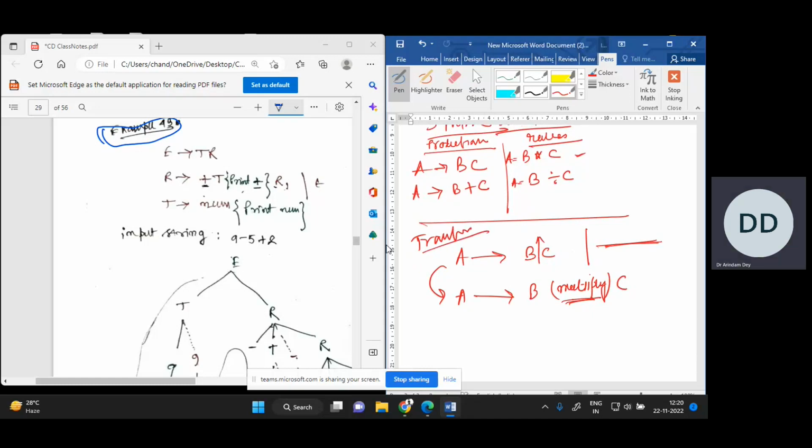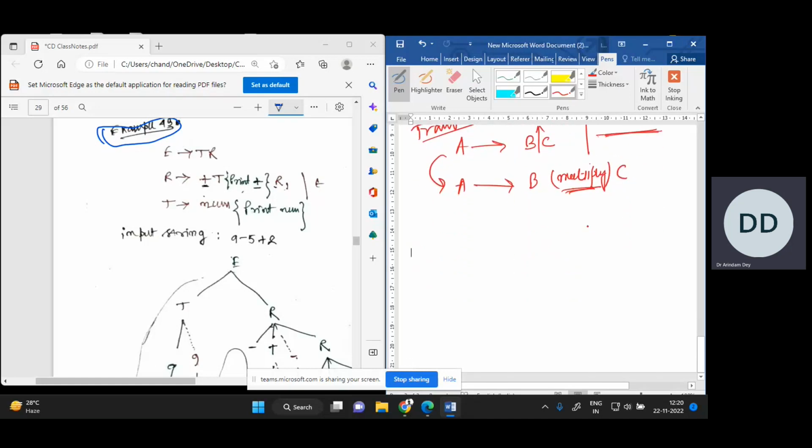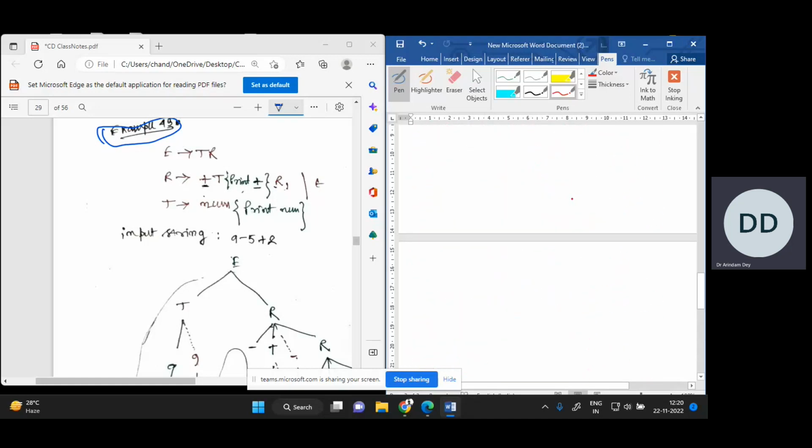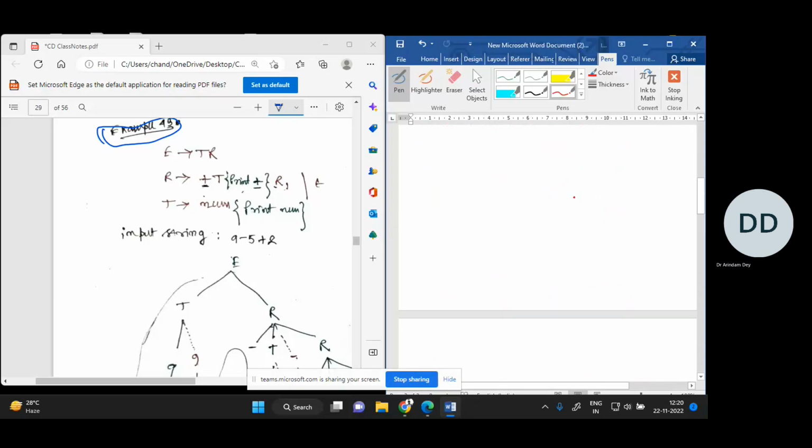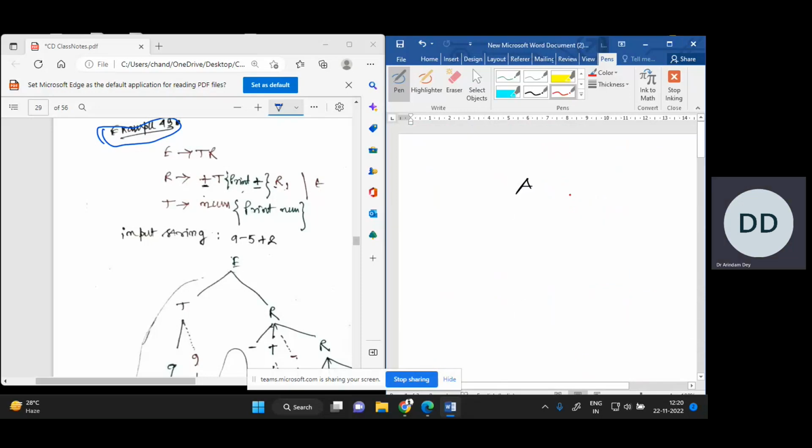For example, you see the example number 43, that will be good to understand here. Okay, I hope you can get the real understanding once I put an example over here. Let the production given be E to TR. I'm writing the productions.